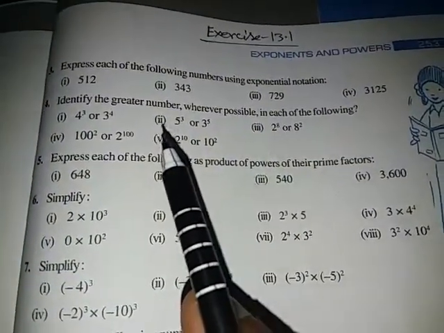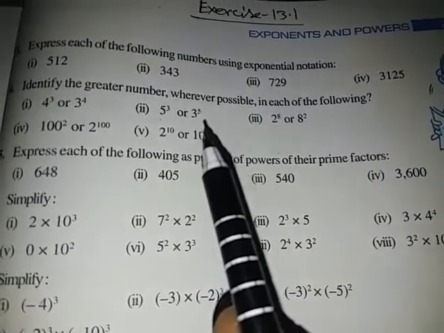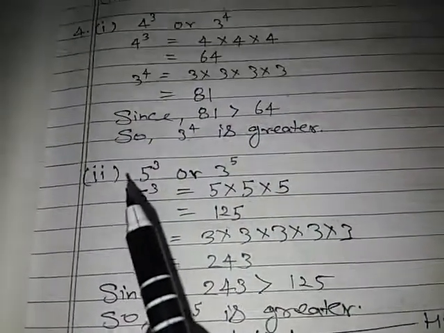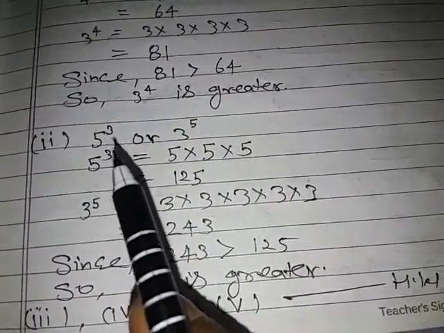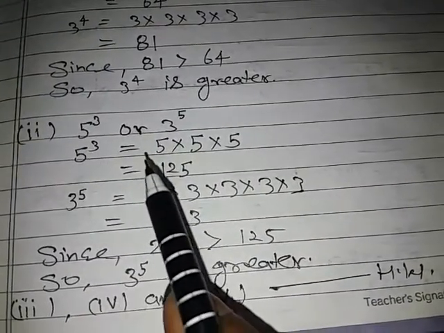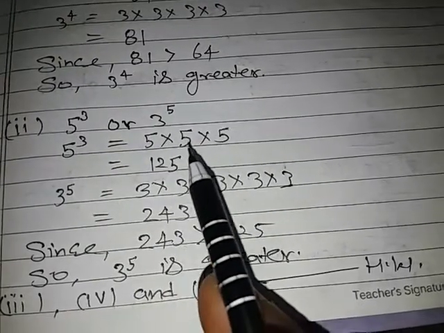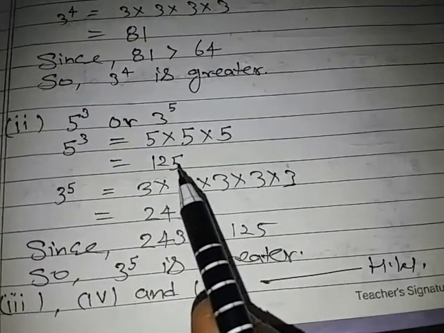Next, part 2 is given: 5 to the power 3 or 3 to the power 5. Solution of part 2 of question number 4. First of all, find the value of 5 to the power 3, which is 5 into 5 into 5. 5 fives are 25, 25 fives are 125.